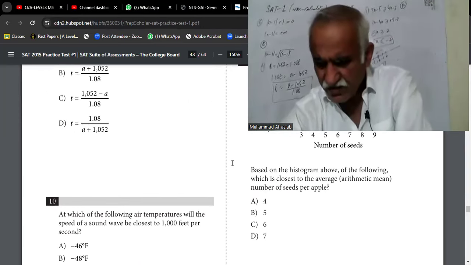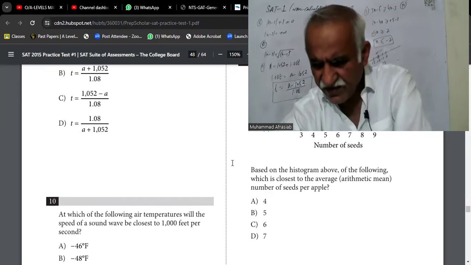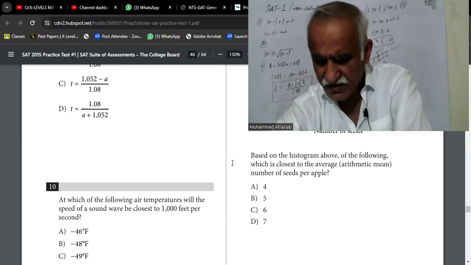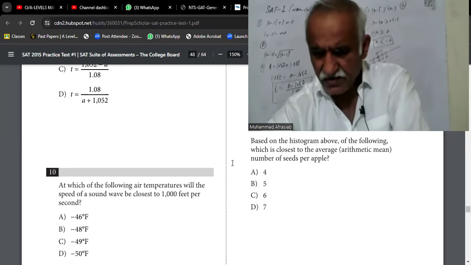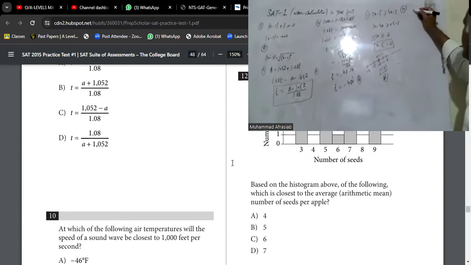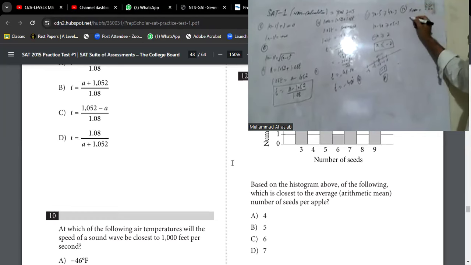Based on the following histogram information, find the value closest to the average, the arithmetic mean, of the number of seeds per apple. Average means the mean, and mean is equal to the sum of the observations over the total number of observations.